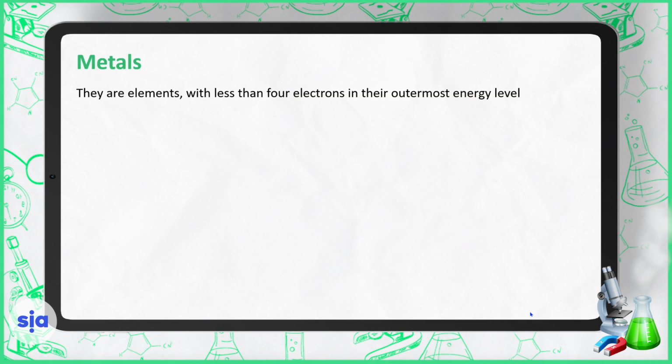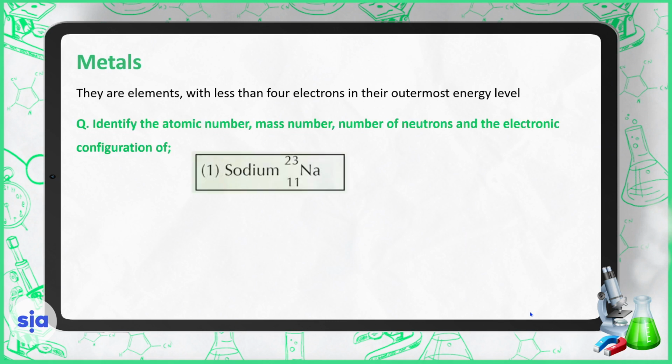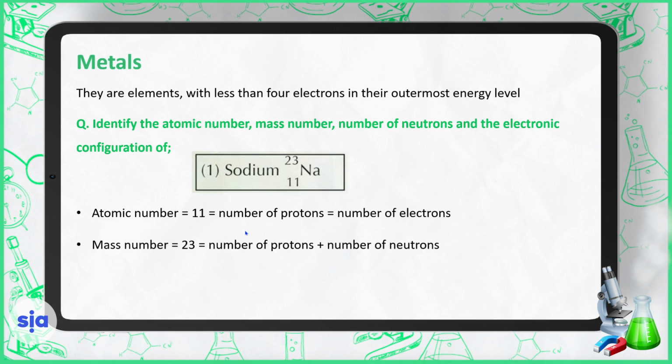Metals. They are elements with less than 4 electrons in their outermost energy level. Here is a sodium element, and my question is to identify the atomic number, mass number, number of neutrons, and the electronic configuration. The number at the left bottom is the number of protons, which is equal to the number of electrons.